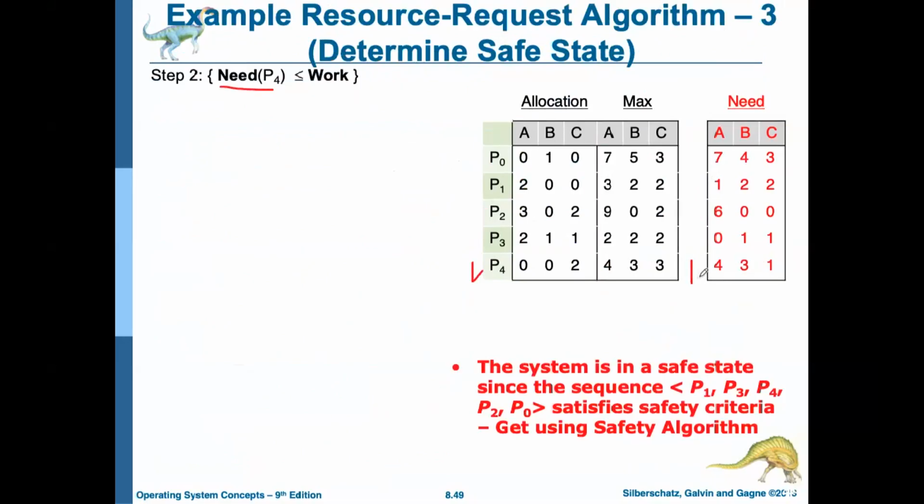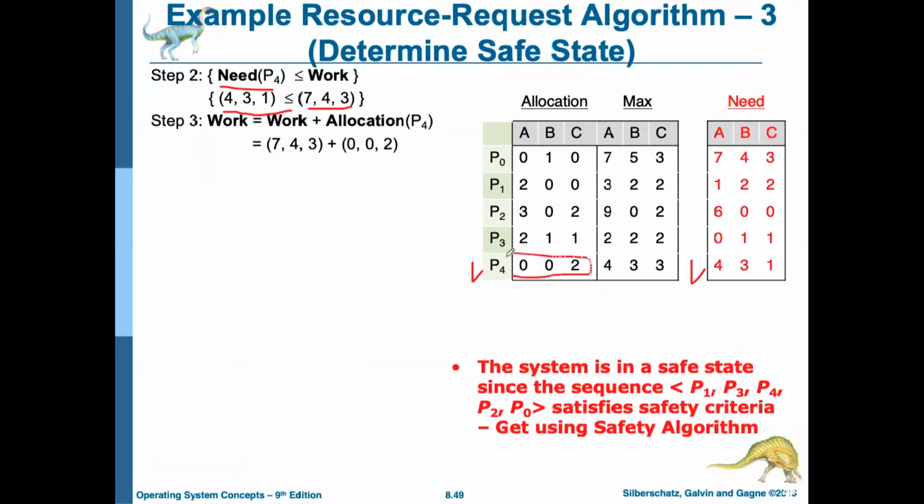Here, 432. We check if yes, and this is the current value of work. If true, we allocate. After allocating, this is the current allocation for P4, and the work gets the new value.